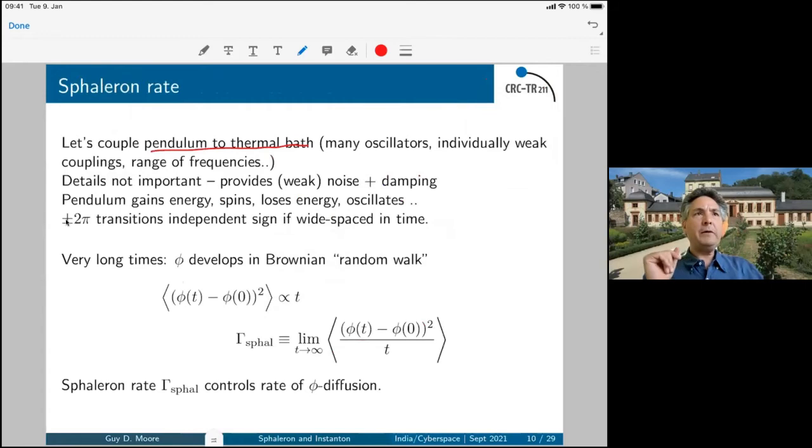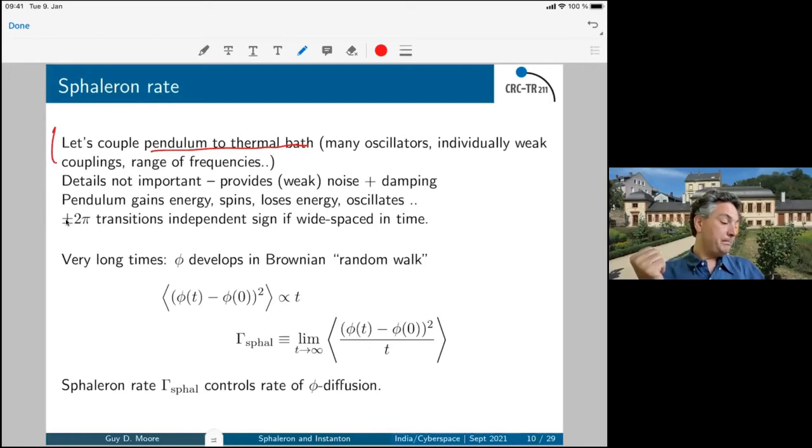But I'm not going to be very specific about my coupling to the thermal bath. The only issue is how strong is the damping. And we'll see how much that actually influences my physics, but I'm assuming that when I wrote my Lagrangian, that was actually the Lagrangian with somehow renormalized couplings, taking into account the effects of this thermal bath.